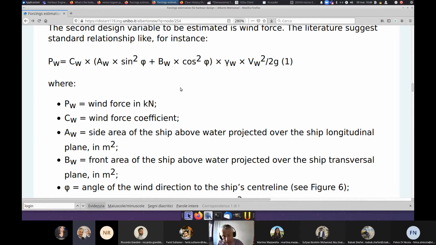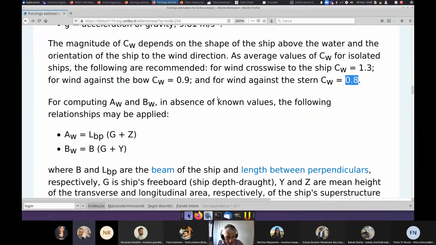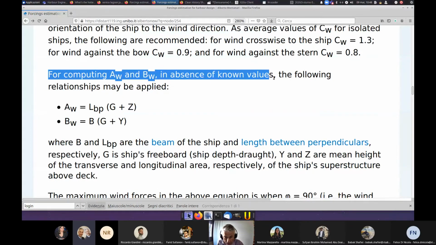And in case you want to get some orders of magnitude, I scroll down the page because here there are some indications. For computing AW and BW in absence of known values, okay, and these known values can be given again by the producer or by the authority licensing the ship to circulation.